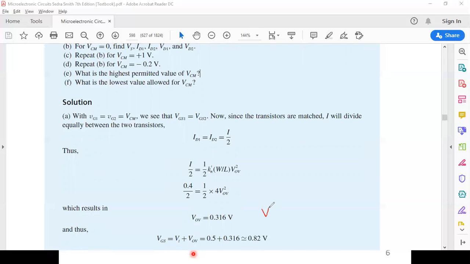So the overdrive voltage is VGS minus V threshold. If you send V threshold to the other side, then you get this equation here.